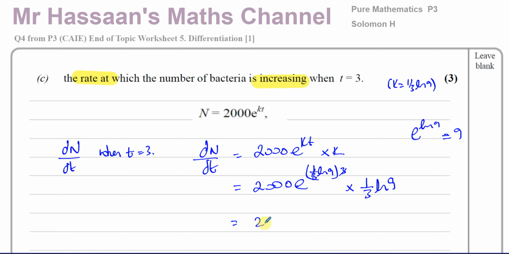So this is going to be 2000 times 9 times a third ln 9. So you can say they cancel out with each other.